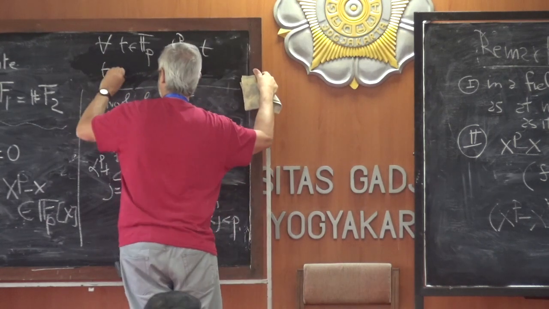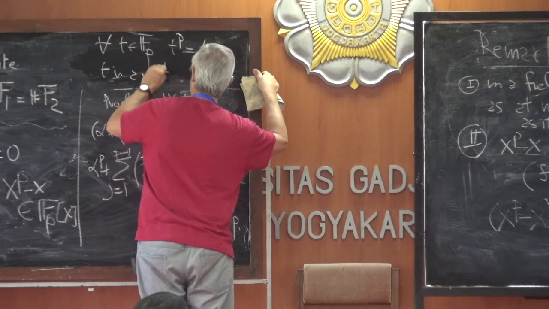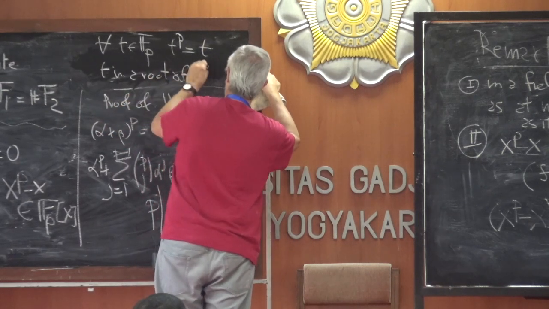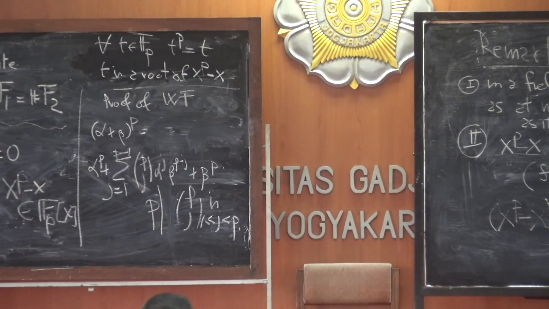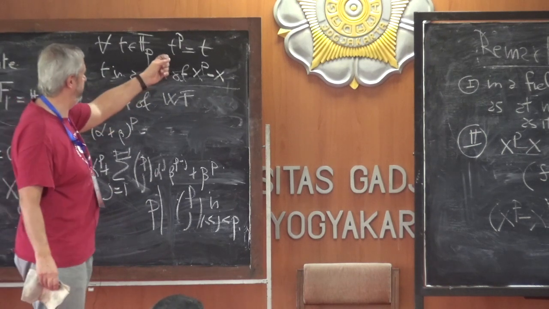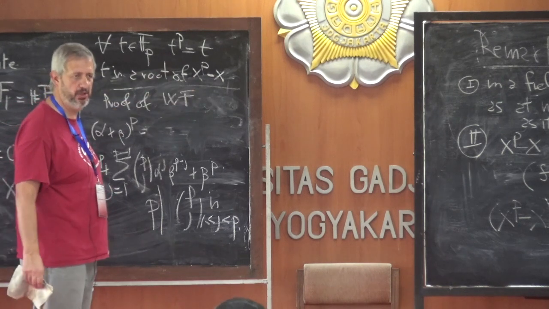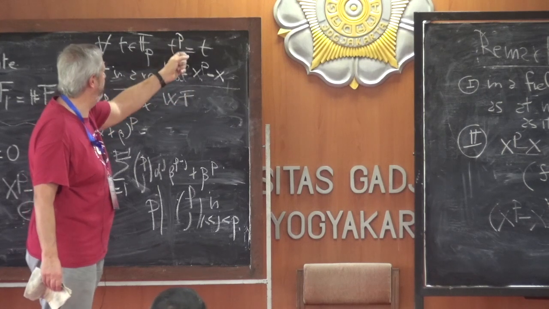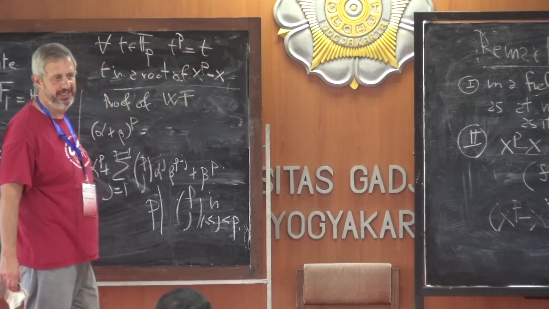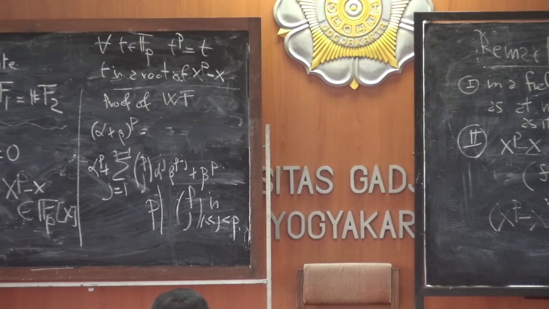So t is a root of x power p minus x. And I guess this is what we used to call Fermat's little theorem, or also just the observation that this is true for x equal to 0, and for x different from 0, t to the power of p minus 1 is 1 because it's a non-zero element of a finite group, so you get 1.